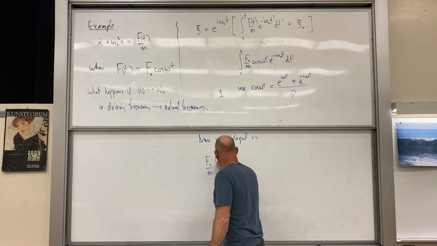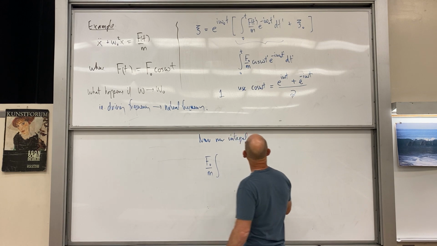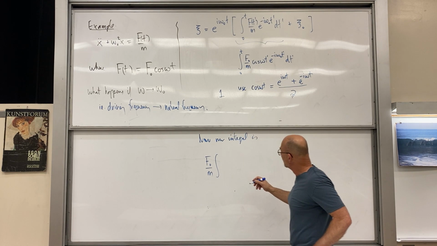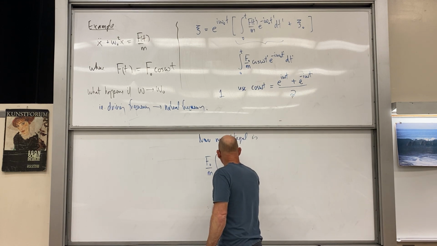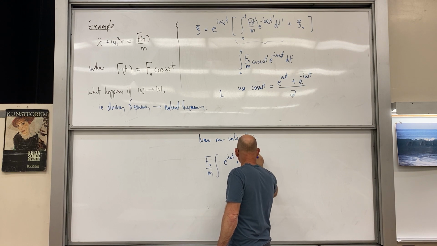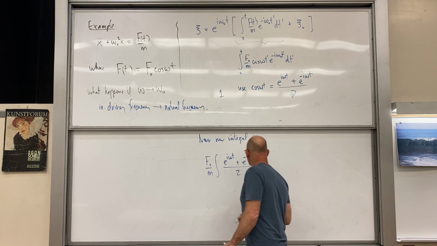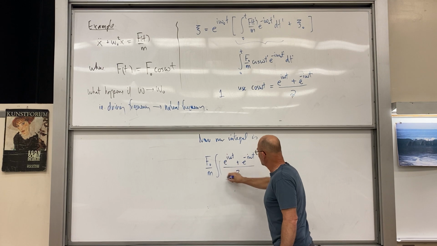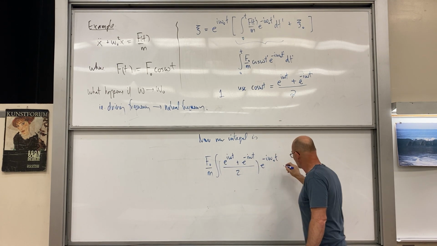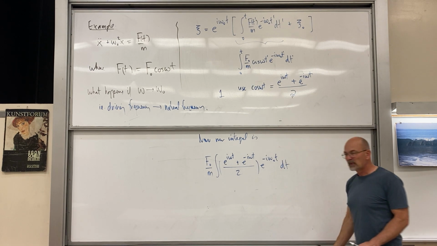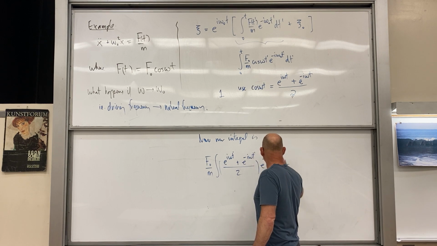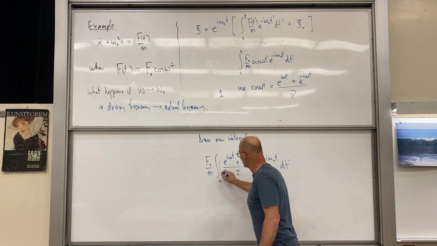We have the integral, cosine omega t, so we have to go ahead and write in here e to the I omega t plus e to the minus I omega t divided by 2, and multiply that by e to the minus I omega naught t dt. Put the primes in later. Well, you can put them in any time. 0 to t.